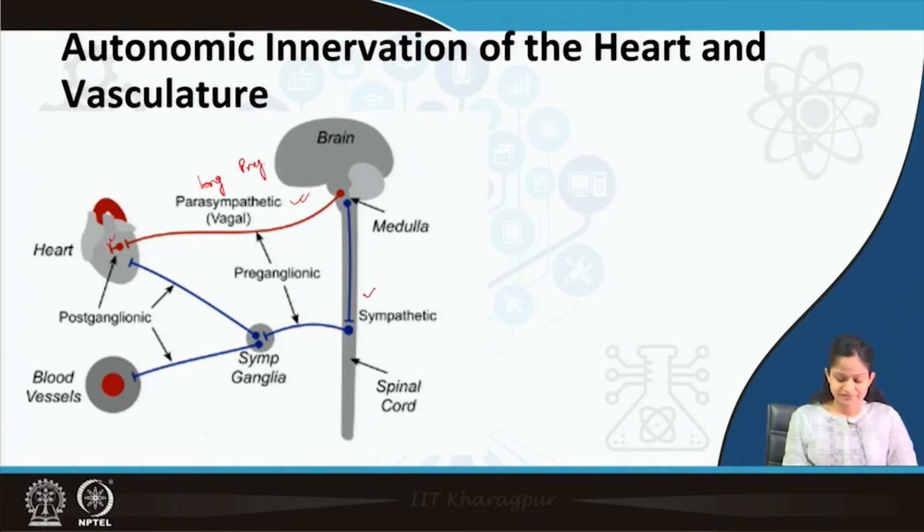Whereas the sympathetic fibers travel along the spinal cord and synapse in the sympathetic ganglion, which has short preganglionic fibers and long postganglionic fibers, and these are terminating both in the heart as well as in the blood vessels.